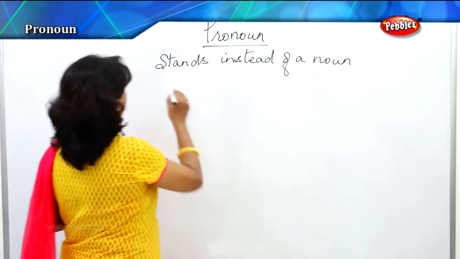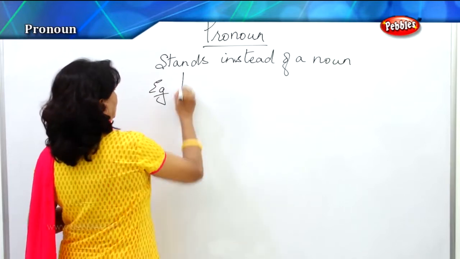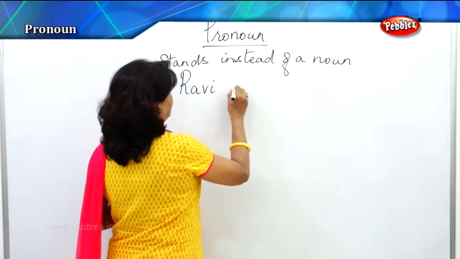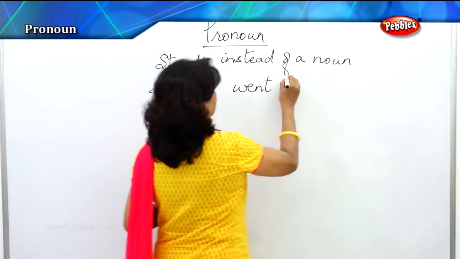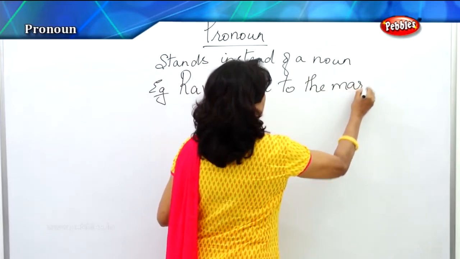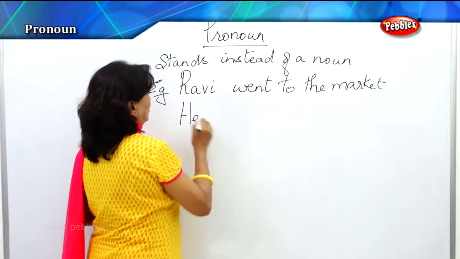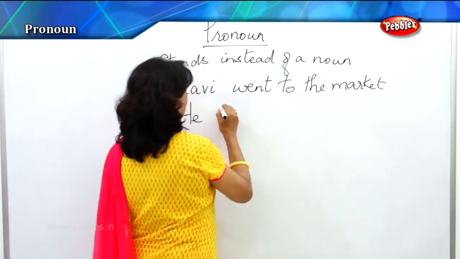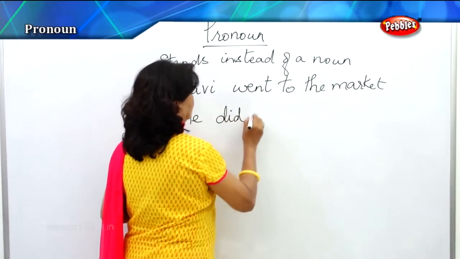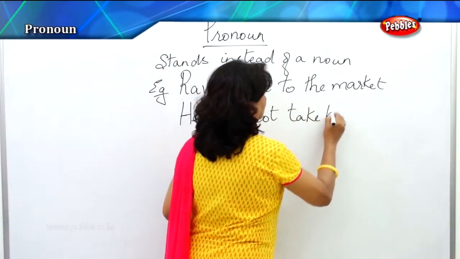For example, if I say, Ravi went to the market. He forgot to take his bag, or he did not take his bag.